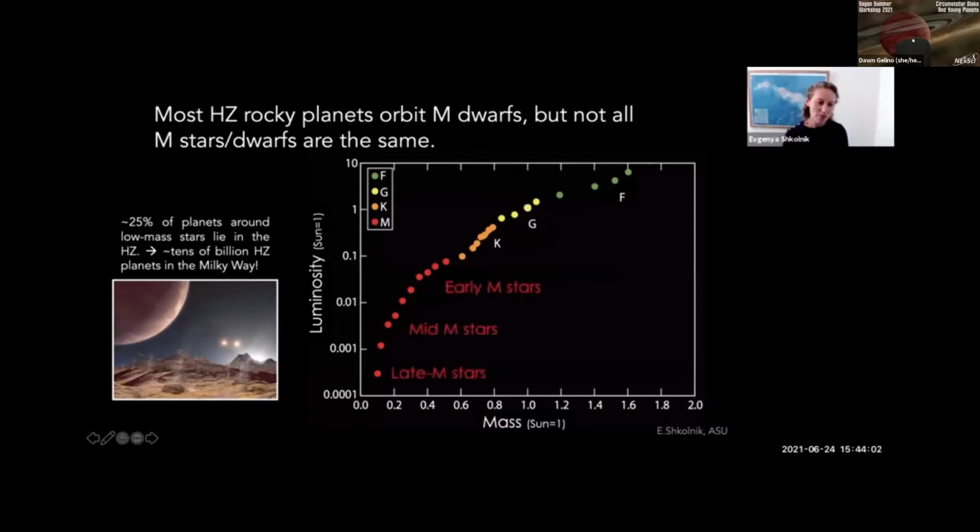The reason why I wanted to point this out is because we actually call them different things: early M-stars, mid M-stars, and late M-stars. They're actually different beasts, and they have different evolutions of their UV emission. And they are different in their flare statistics as well. So when someone tells you that they have found a planet around an M dwarf, your first question should be, what kind of M dwarf is that?